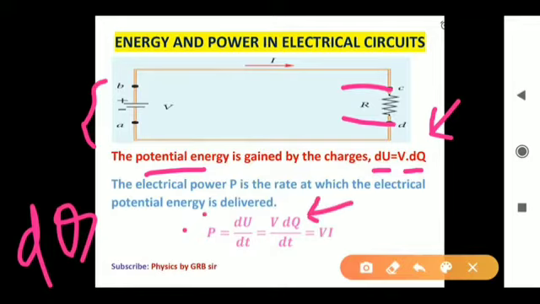So the equation can be written as P = VI. This expression gives the power delivered by the battery to any electrical system, where I is the current passing through it and V is the potential difference across it. The SI unit of electric power is watt.